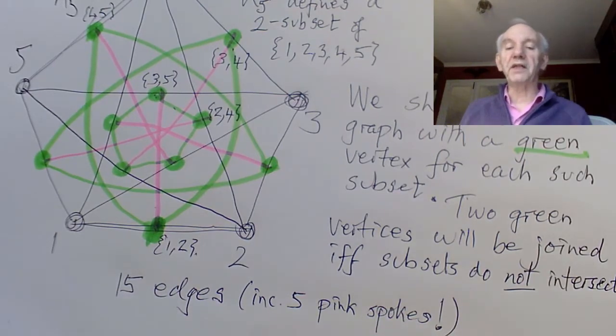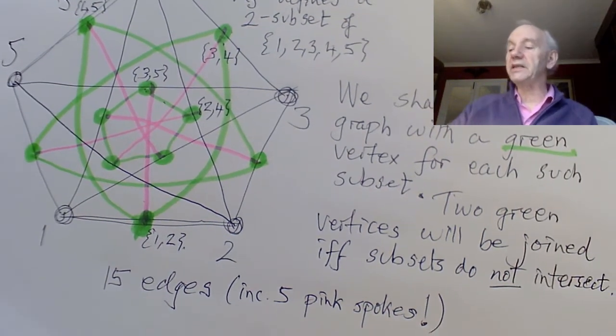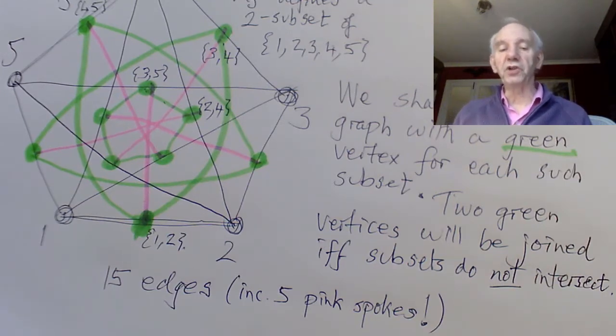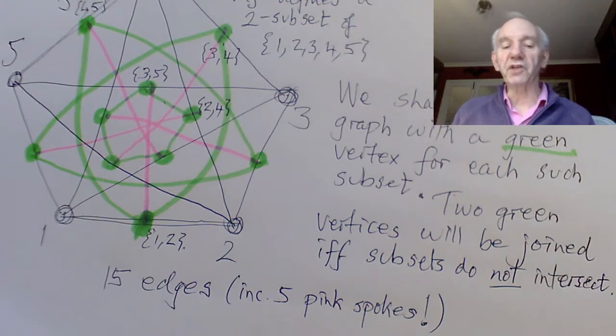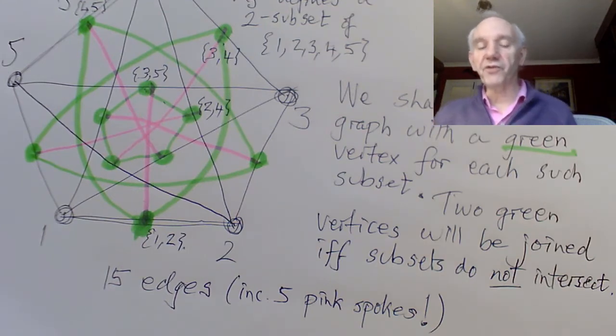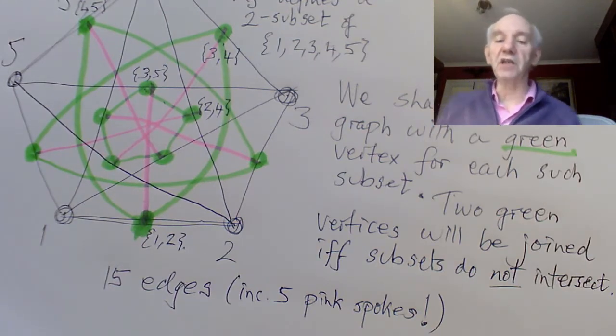Okay, but the point is I've shown it to you, in a sense, it's been constructed from K5 using a fairly systematic algebraic operation. In fact, we sort of converted each edge of K5 into a vertex, and then we could have just joined those vertices if the edges intersected, but we took the opposite rule, what's called the complement rule, we joined those two vertices if the two edges of K5 did not intersect.